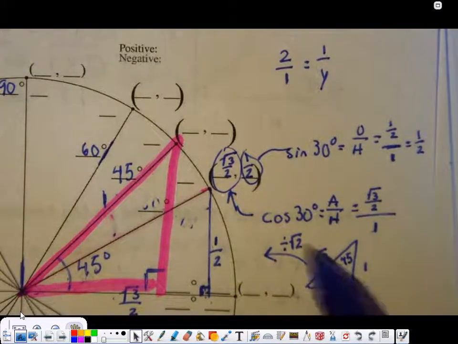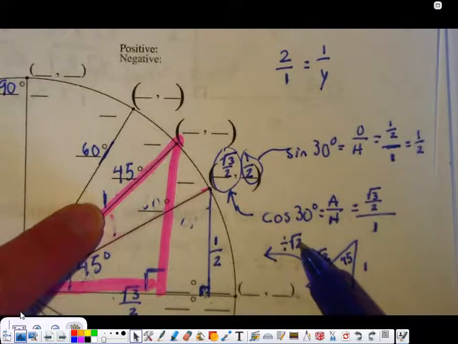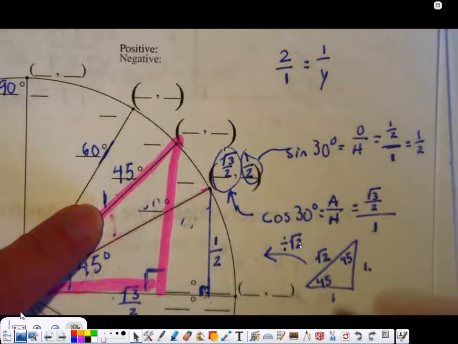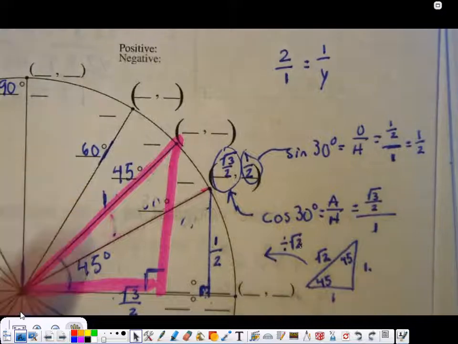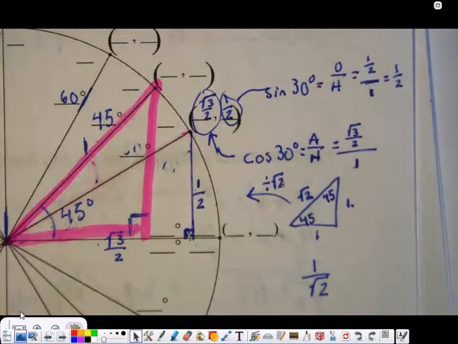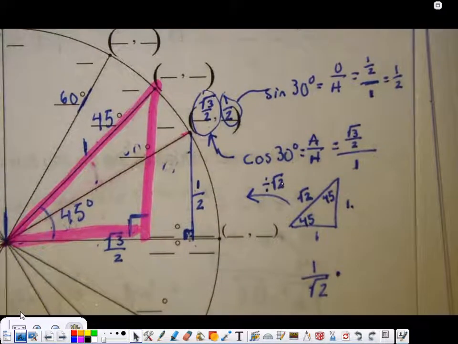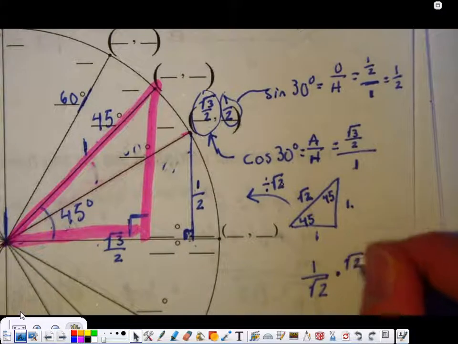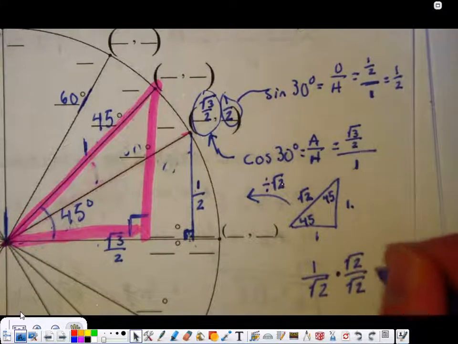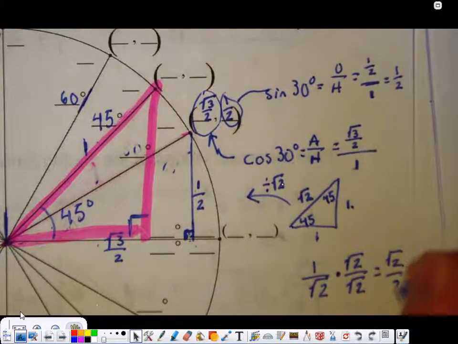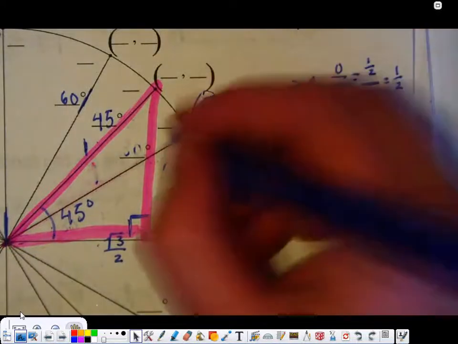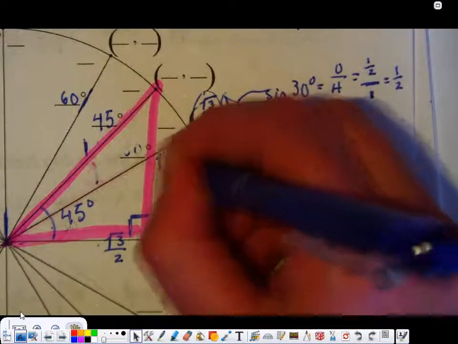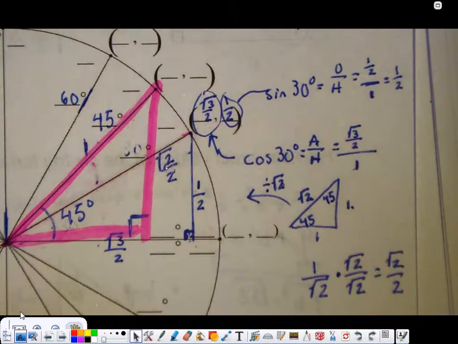So square root of 2 divided by square root of 2 would give me 1. 1 divided by the square root of 2 looks like that. But we're going to rationalize it. Crazy, huh? So if you rationalize it, you multiply it by the square root of 2 over square root of 2, you get square root of 2 over 2. So this guy right here is square root of 2 over 2 long.